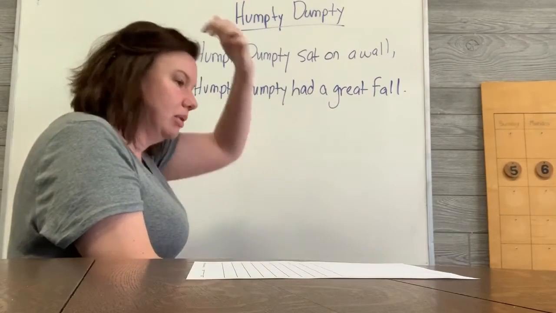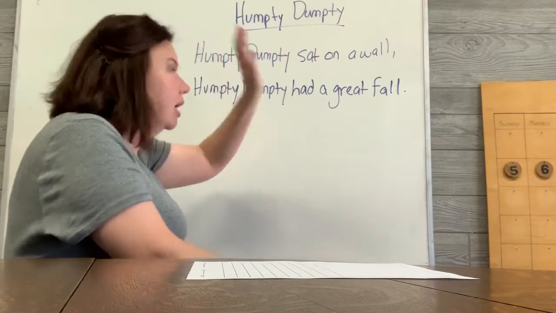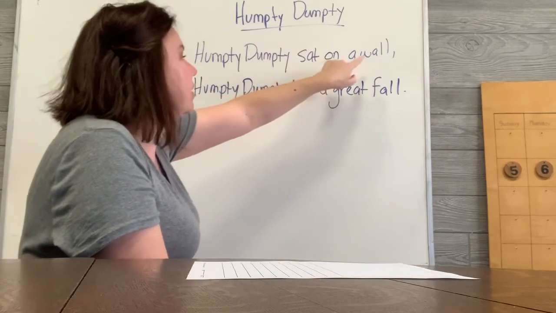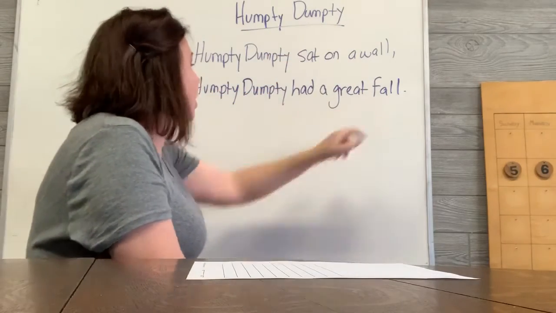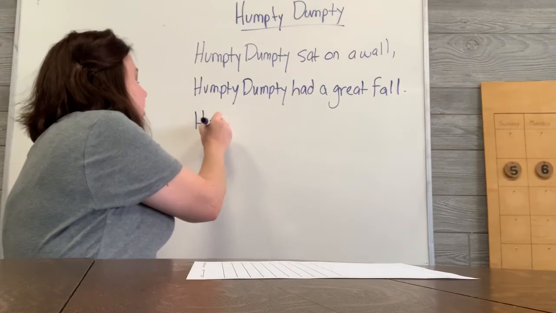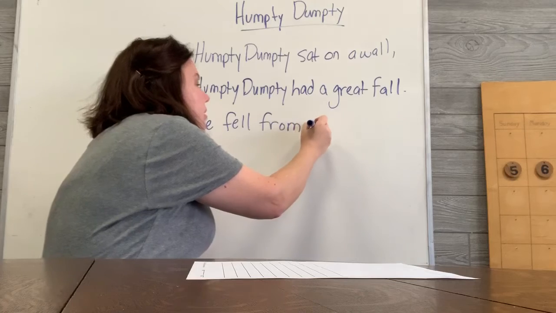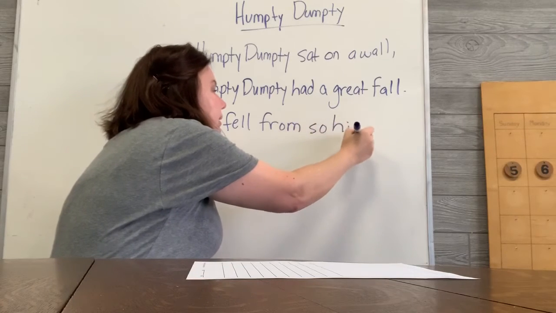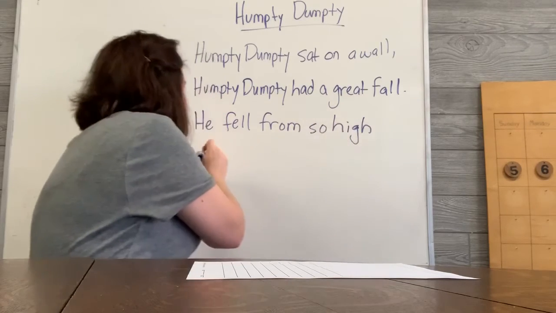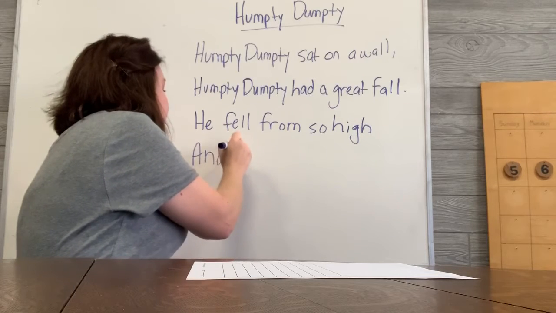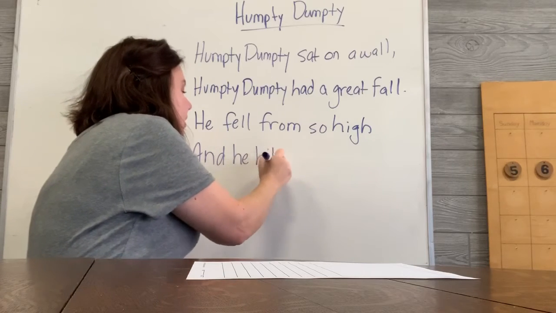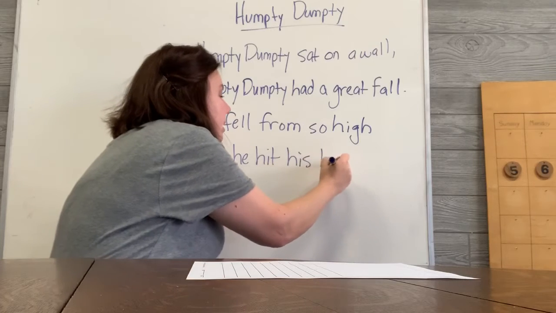Now, you have to make up 3 more lines. So let's say Humpty Dumpty sat on a wall. Humpty Dumpty had a great fall. He fell from so high and he hit his head.